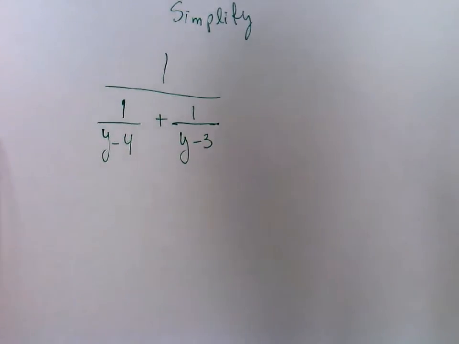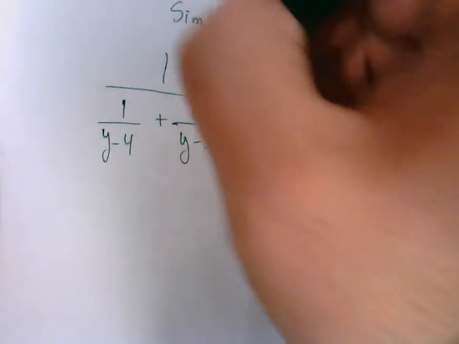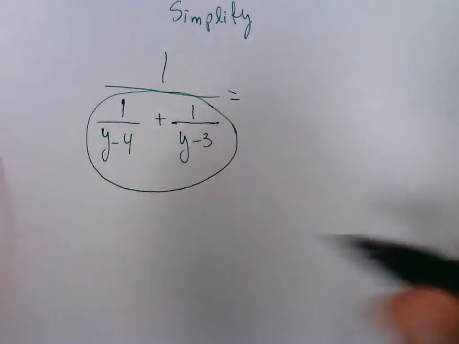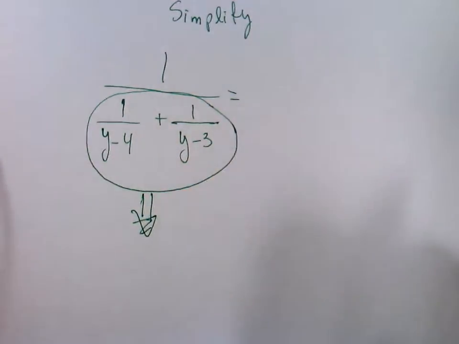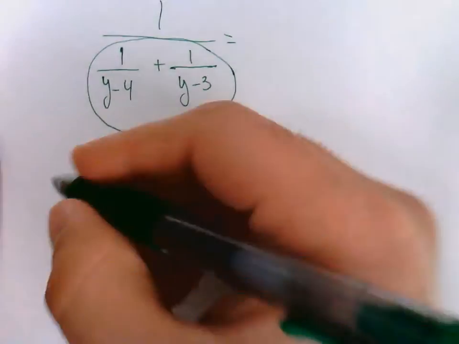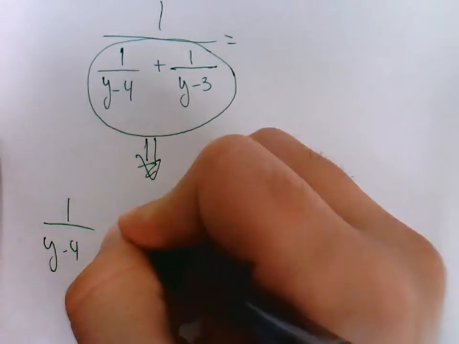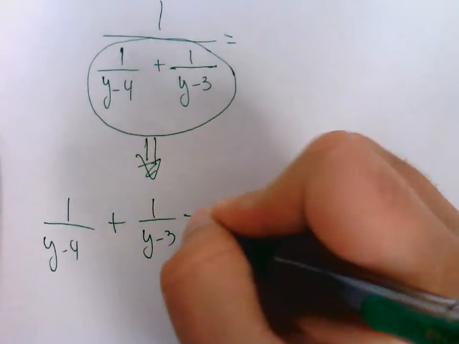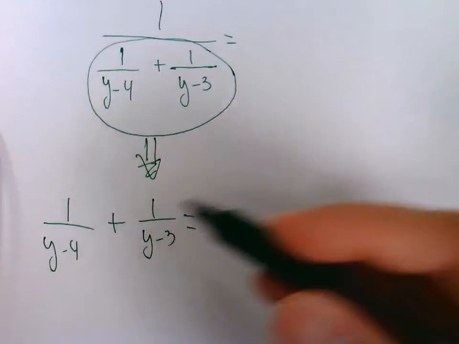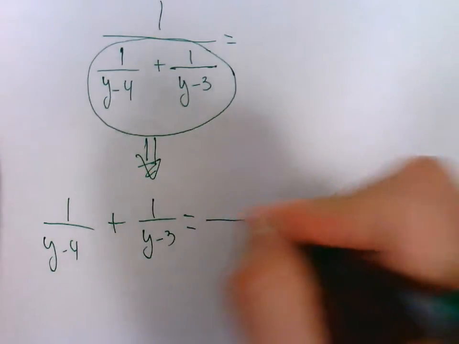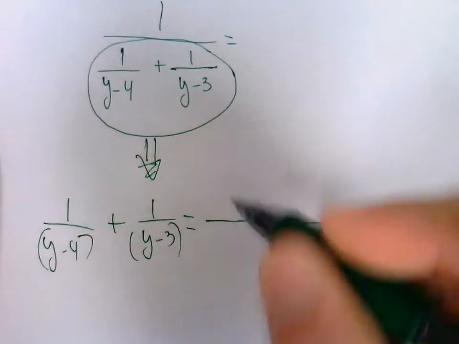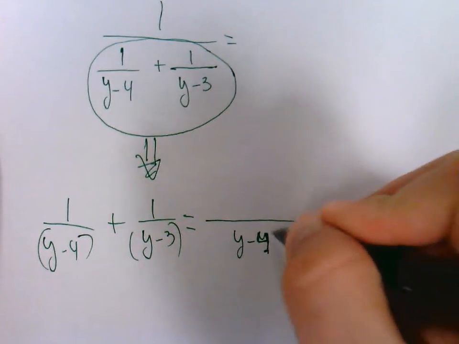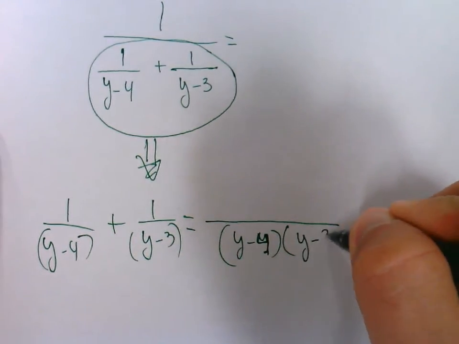That is just bad math vocabulary. So let's dive into this. The way that I like to do it is I like to focus on the hard stuff first. So I'm going to focus on this first, and I'm going to write that down here. So if I have 1 over y minus 4 plus 1 over y minus 3, if I'm adding these two rational expressions, what I can do is multiply my denominators in order to find a common denominator.